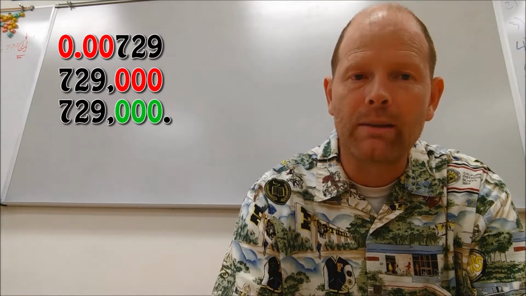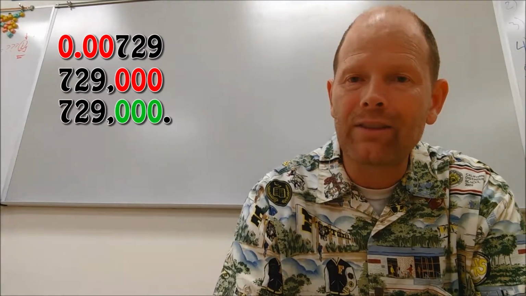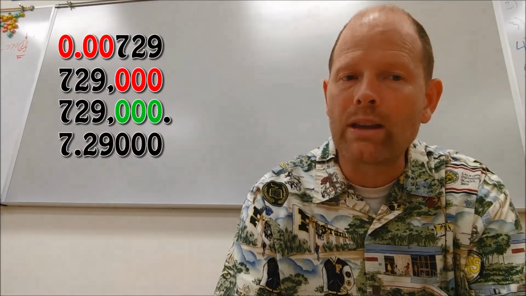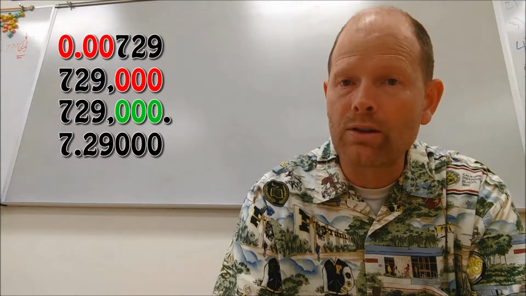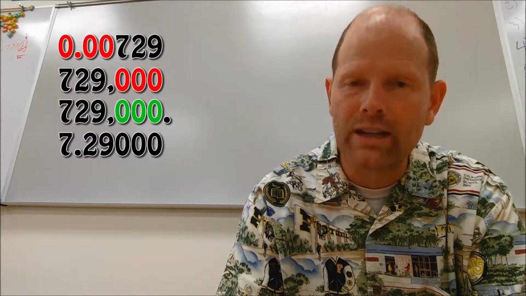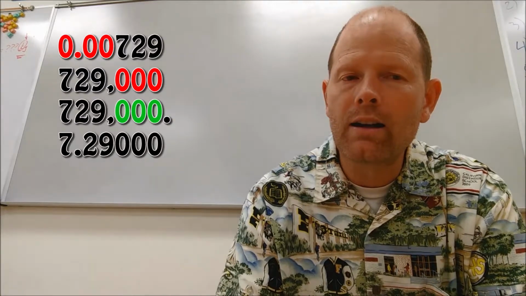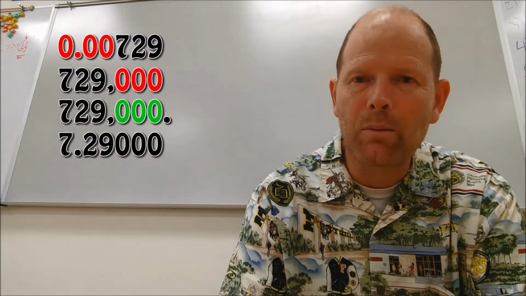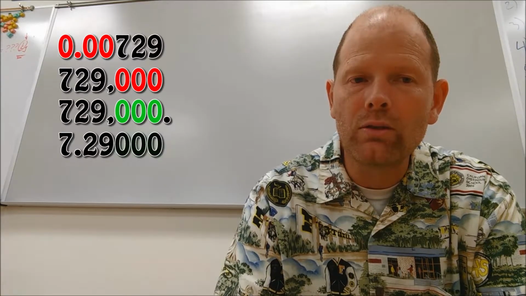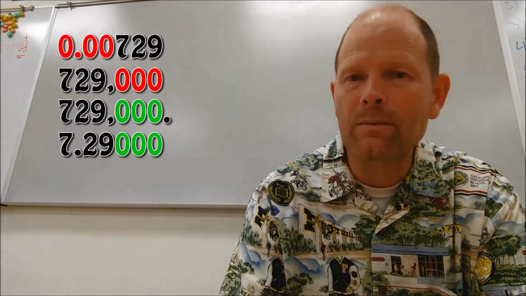zeros were actually measured. Now keep in mind, if the decimal appears somewhere else, as in this example, 7.29000, there to the right of the last non-zero digit. And so since there is a decimal point, even though it's over here between the 7 and the 2, those zeros must have been measured.